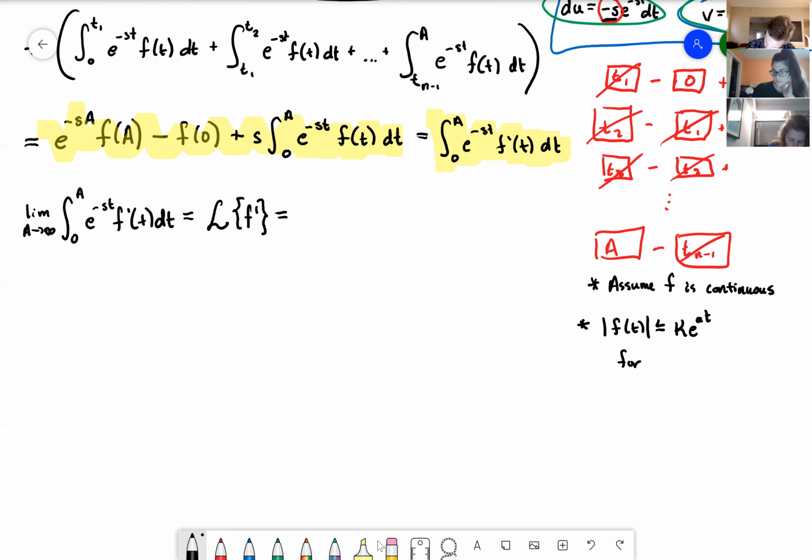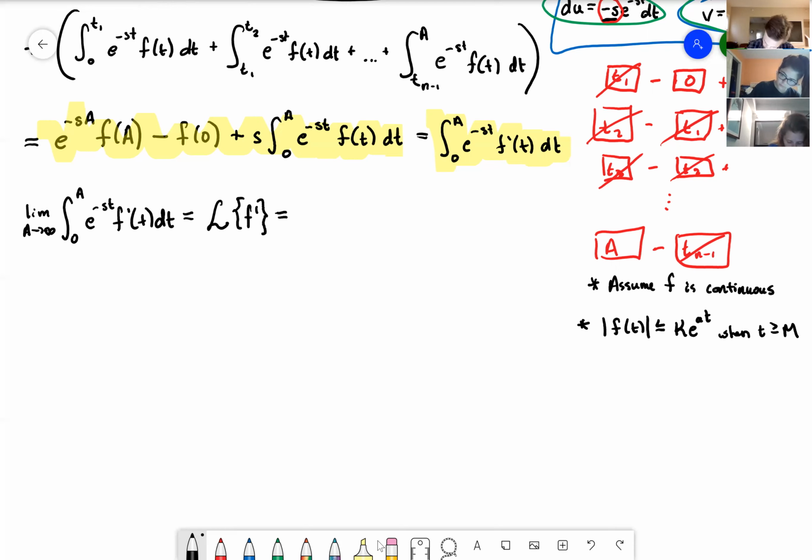What should I say? When t is greater than or equal to capital M. So it's eventually bounded by this e to the at. As we go to large enough t, eventually this evens out to be bounded by an exponential with growth rate a.